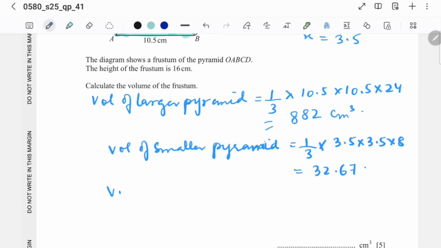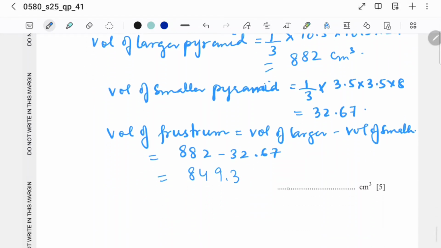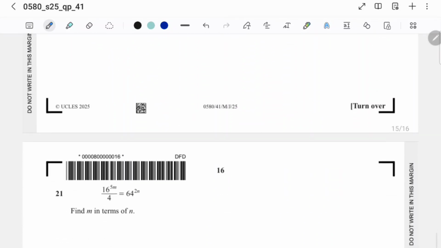So the volume of the frustum, this is a 5 marks question, is the volume of the larger pyramid minus the volume of the smaller pyramid. That is 882 minus 32.67, which equals 849.3. That was the answer for this question.